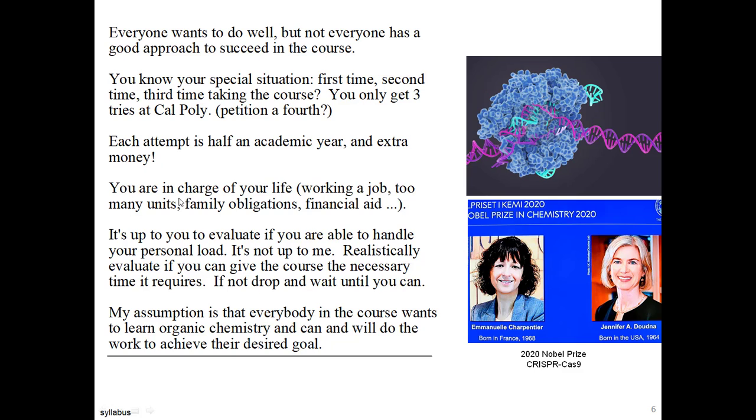But the thing is, you're in charge of your life. Everybody in here is an adult. You might have a job, and a lot of people have to do that. I had to do that myself. I worked my way through college. You might be taking too many units. That's probably a mistake. You have family obligations under these trying times. A lot of people have that.